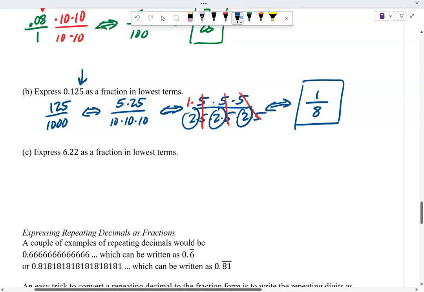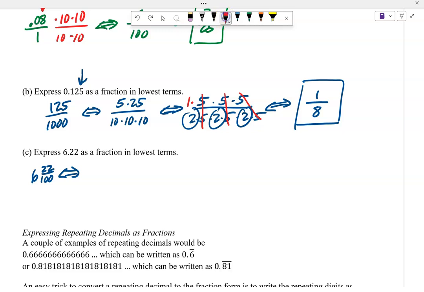And let's do one more here where I've got 6.22. So that's 6 and 22 hundredths, right? The second position is hundredths. So I have 6, and then 22. Well, I could do this a couple different ways, but let's go ahead and convert this to an improper fraction.